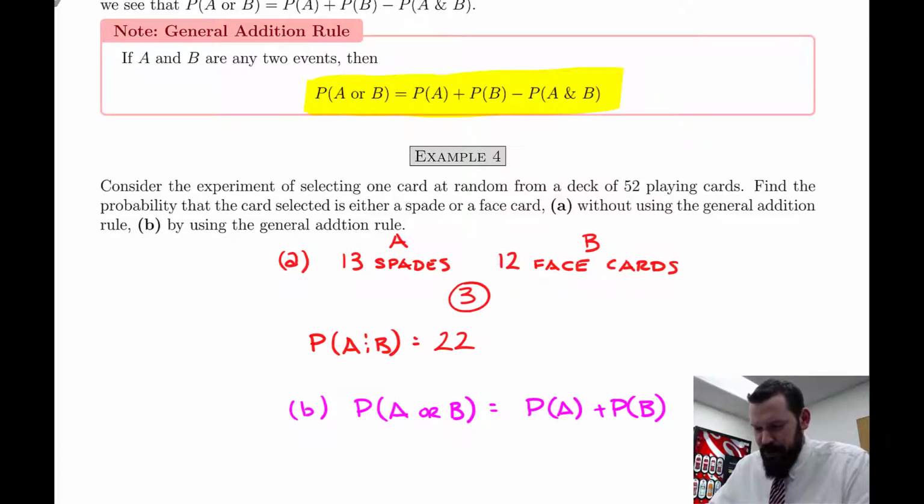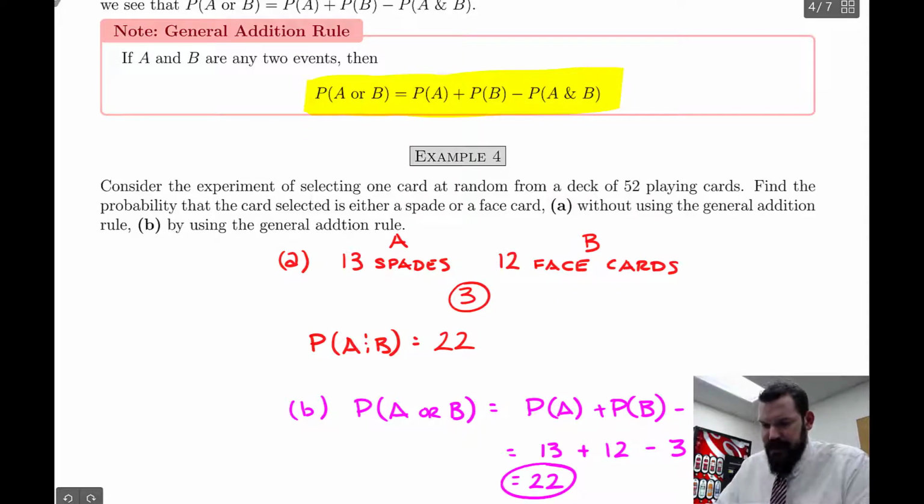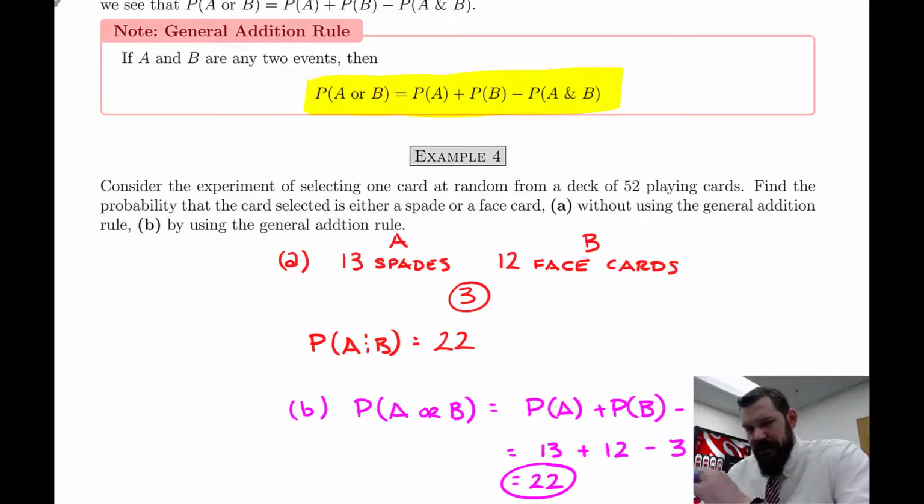So the probability of A is 13, the probability of B is 12, and the probability of A and B is what they share in common. They share 3 cards: the Jack of Spades, the Queen of Spades, and the King of Spades. So 13 plus 12 is 25, minus 3 is 22. It's the exact same thing. This is a simplistic example, but it gives you an idea of how it works.